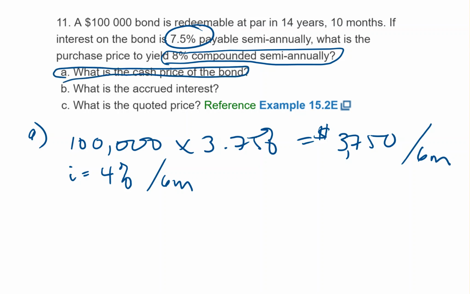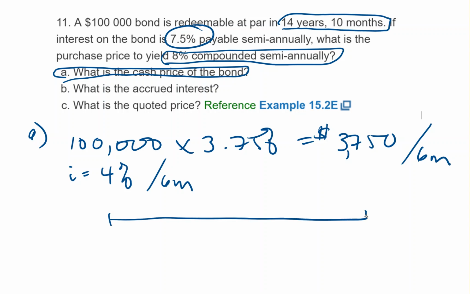The next thing we need to do is find the cash price of the bond. We know it's redeemable at par in 14 years, 10 months. Let me draw that for you. Let's say that's today.